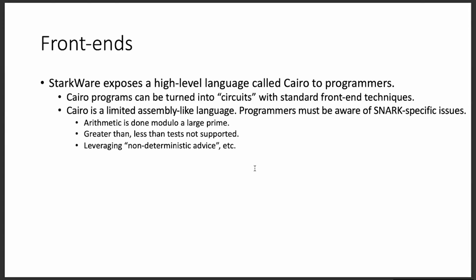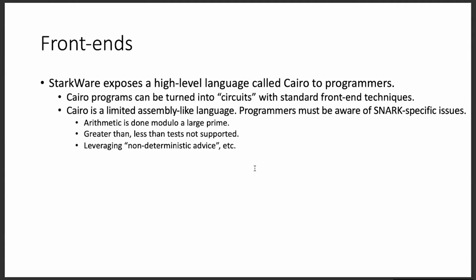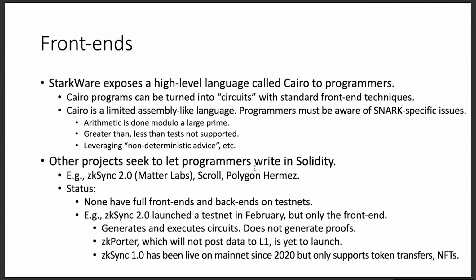There are ways to keep the circuit small by adding extra elements to the witness called advice, and I believe the programmer in Cairo has to explicitly program that advice in many cases. I think that's true from looking through their high-level descriptions of Cairo, without actually using it myself. So the idea is you're pushing more responsibility to the programmers and giving them limited expressivity.